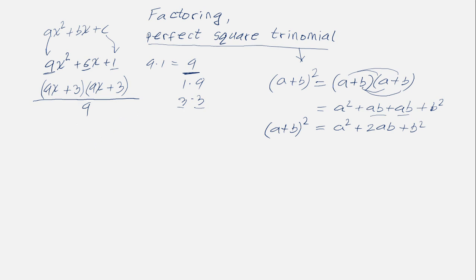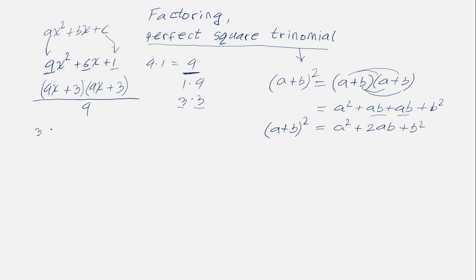Now if we take a look at this set of parentheses right here, what's inside, these two terms actually have something in common. That means we didn't factor it completely. So the same thing is actually here also. 9x plus 3, they have 3 in common. So let's factor those 3's out.